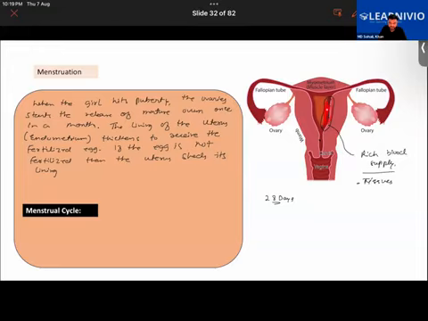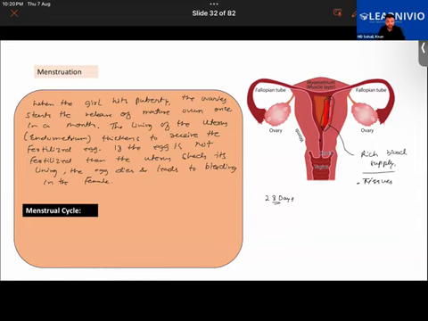The blood vessels that have developed here are breaking. So this lining is being shed, and it will lead to bleeding in the female, and the egg will also die.